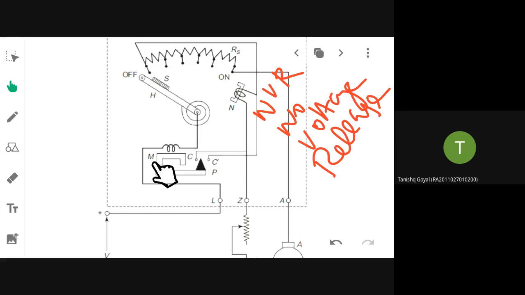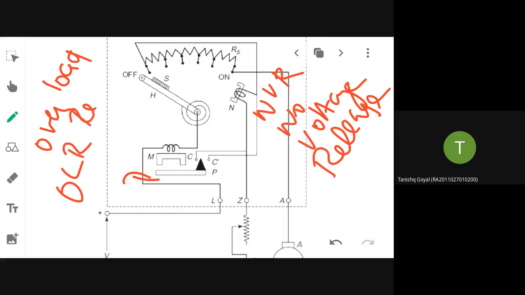So this arrangement is called OLR, that is called overload release. So what are the two protective devices that are present in the starter? NVR and OLR.